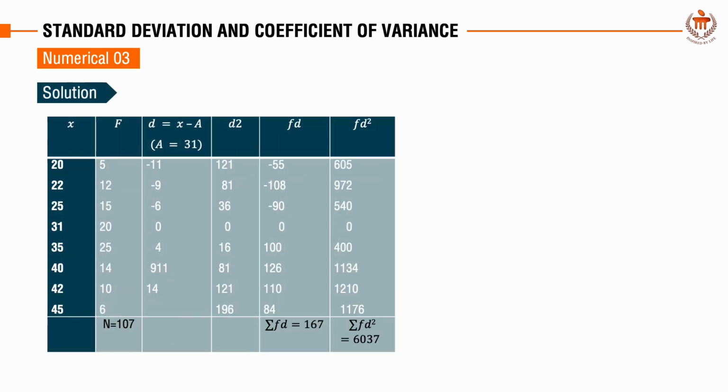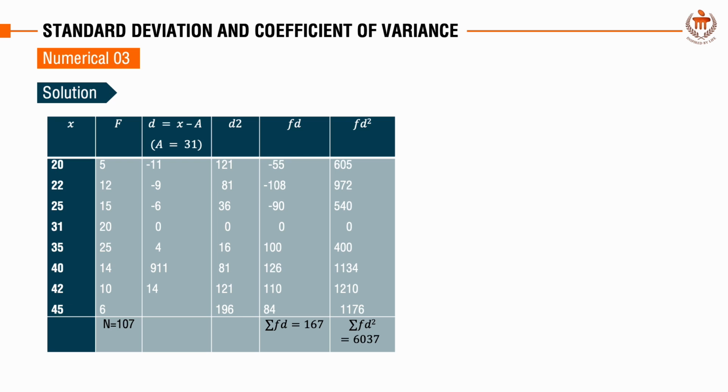So once we start solving this question, we have the X value, we have the F value. We can directly calculate the mean by following the formula summation of Fx by summation of F. That way, we can get the value of mean. Or we can follow step deviation, where out of these X values, we just randomly take one value, call that value the assumed mean, and let that value be 31.